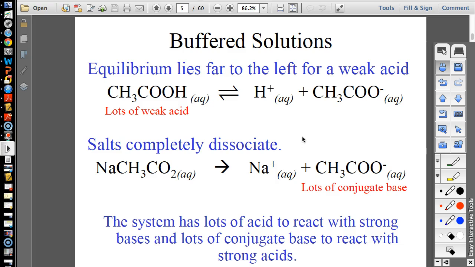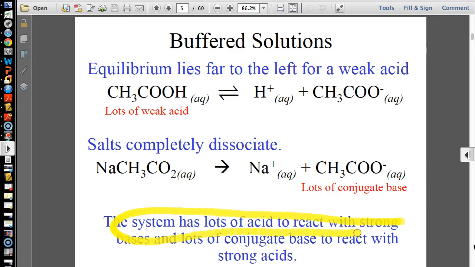So I have lots of acid and lots of conjugate base, but you have to make the buffer by putting in that salt containing the conjugate base. So the system has lots of acid to react with strong bases and lots of conjugate base to react with strong acids. When you look at a good buffer, you need a high concentration of not just the acid, not just the base, you need a high concentration of both. And then you'll be able to neutralize quite a bit of added stress.